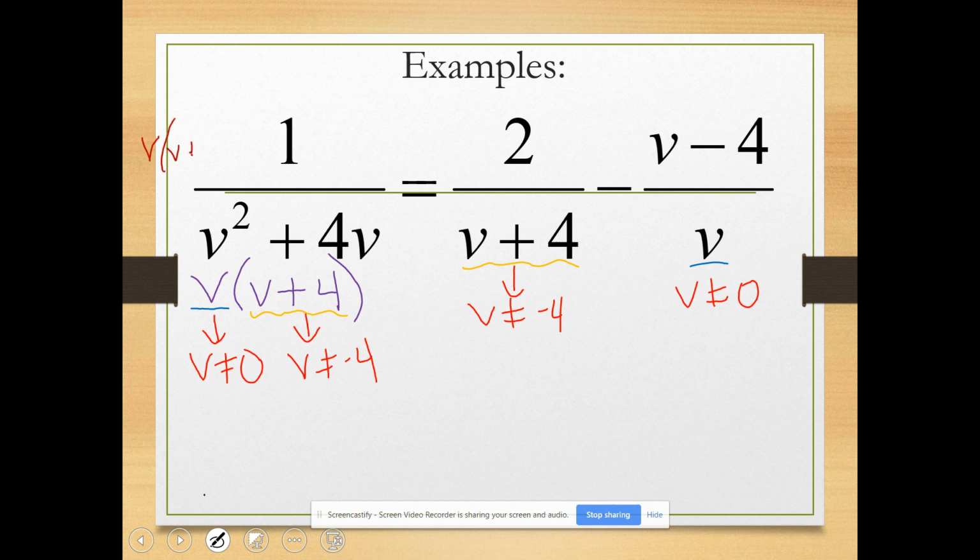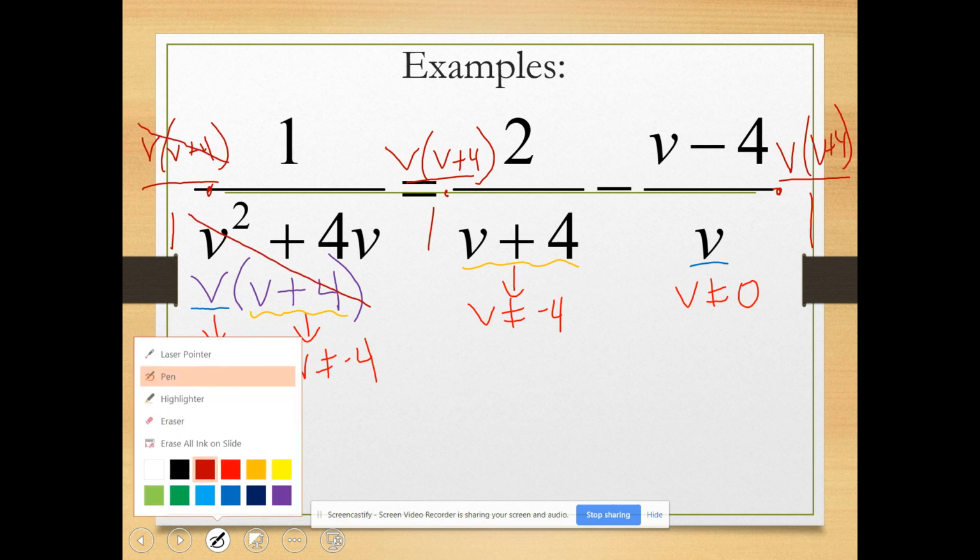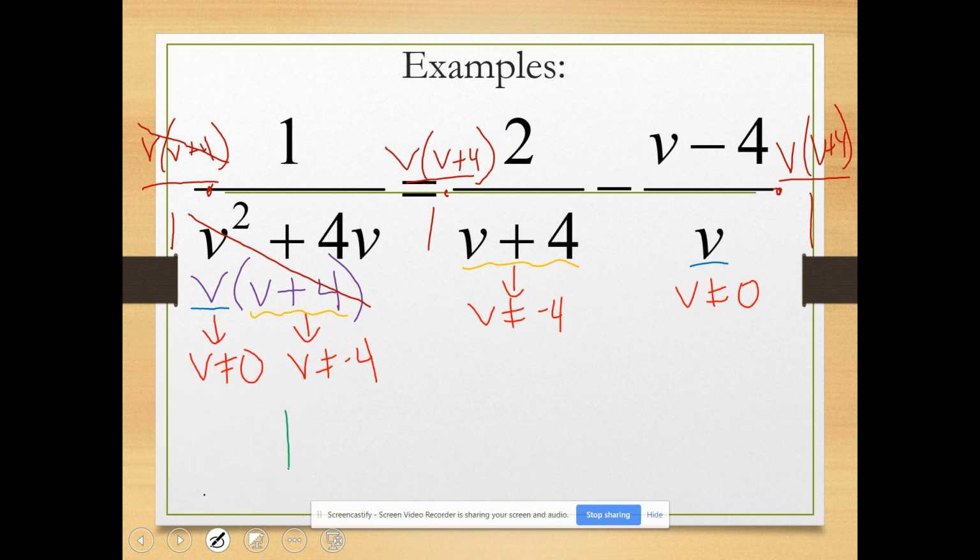So I'm going to multiply every single one of these fractions by v times v plus 4 over 1. That allows me to cross reduce. And so over here on the left, the whole entire denominator goes away, and we're left with 1.